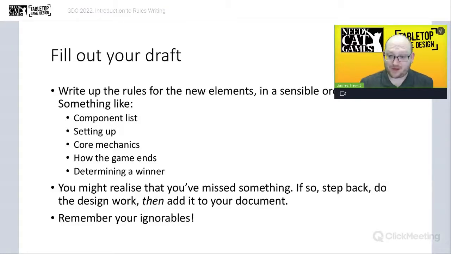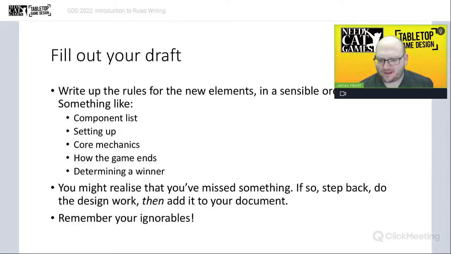So stop, put the brakes on, go back and continue development and fill out that stuff that you forgot. Then add it to your document. Don't just write it down and go, I'll deal with it later. Worst case scenario, you forget to deal with it later and something unfinished and wrong goes into your rulebook. I've definitely done that in the past. Or you have to go and develop it and you make changes and those invalidate other things that are in your rulebook.